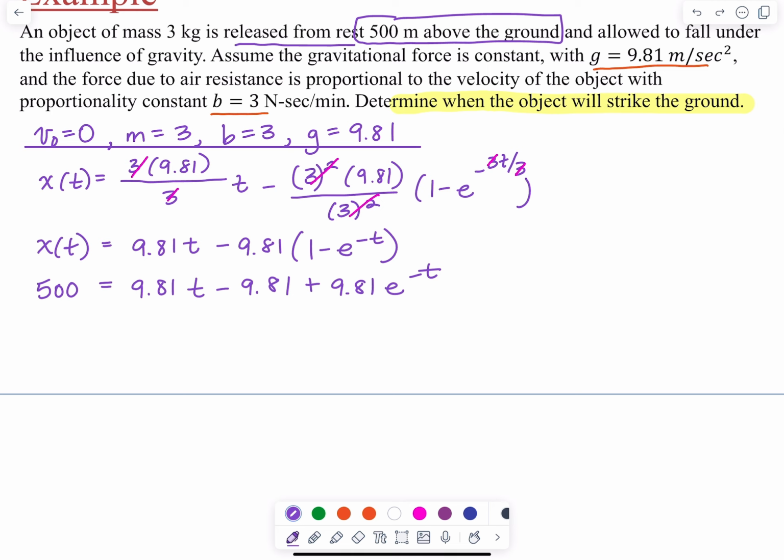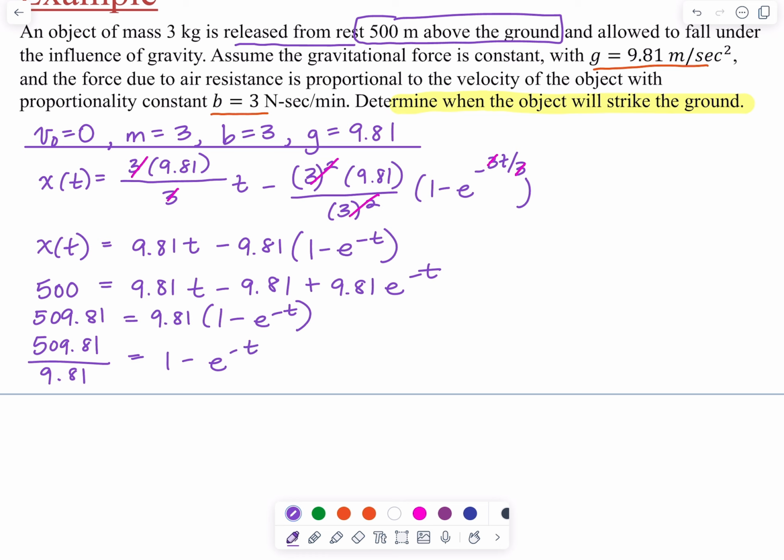So adding 9.81 to both sides, and then factoring out a 9.81, and then having 509.81 divided by 9.81.